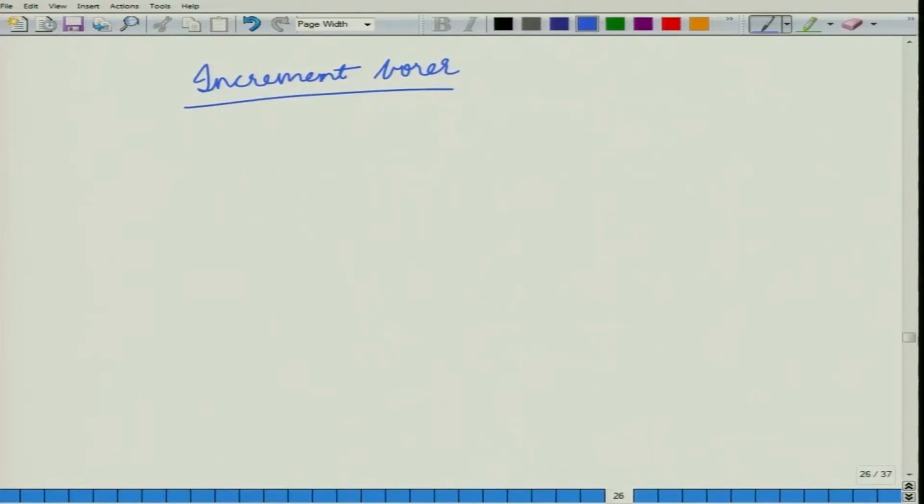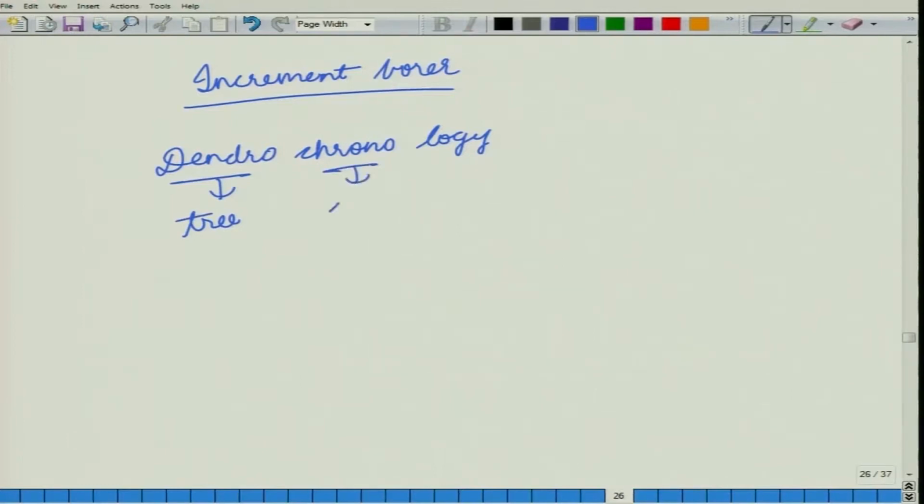Now, an increment borer is used for the collection of samples for dendrochronology. Dendro is tree, chrono is time, and logy is study. So, this is the science that deals with time as measured from tree growth rings.